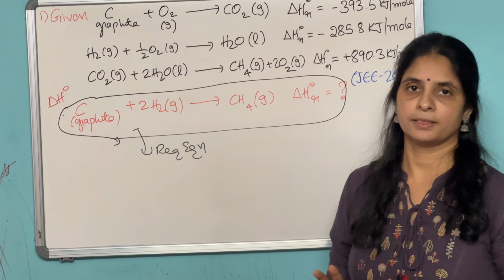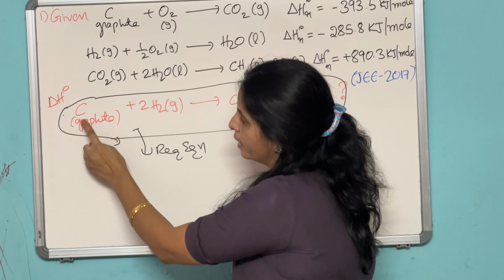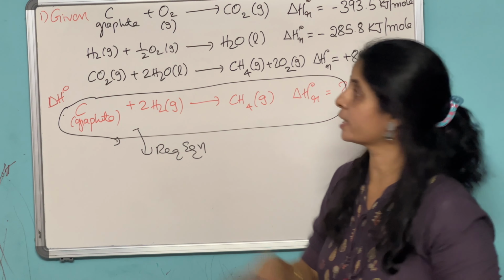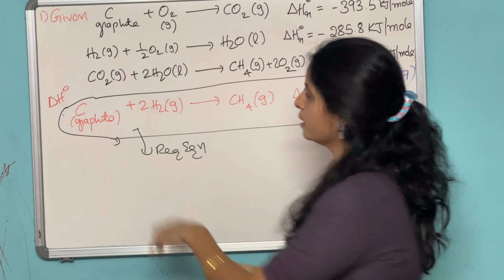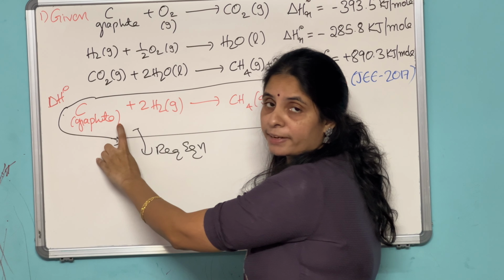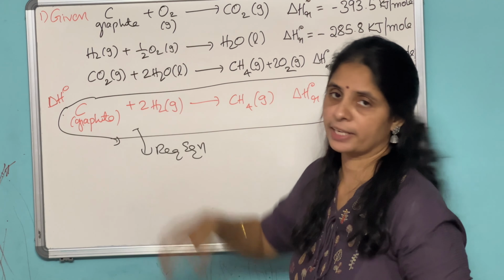That's it. Okay, so look at this equation, here carbon graphite. Where is carbon graphite in the above data? Here, this side. So in your equation, this carbon graphite is on the left hand side. Here also left hand side.